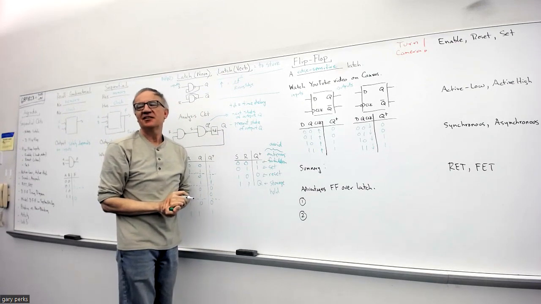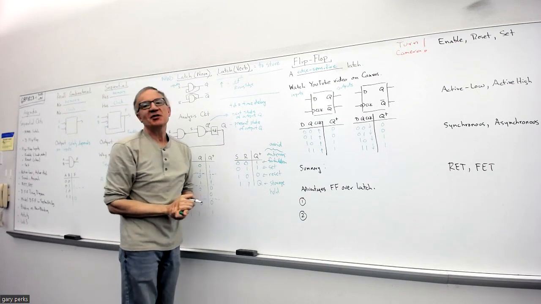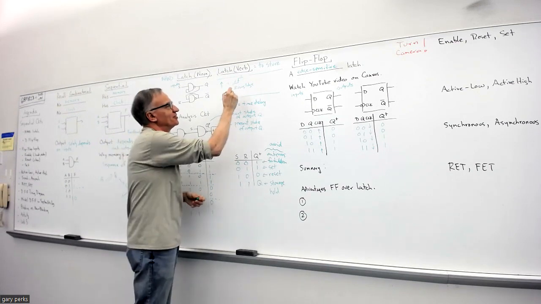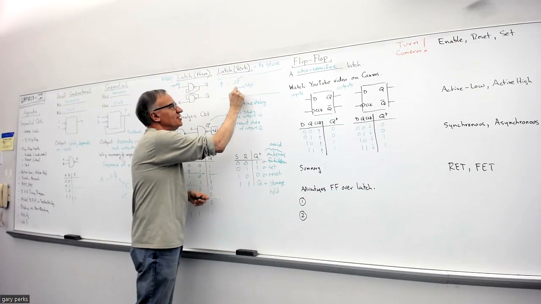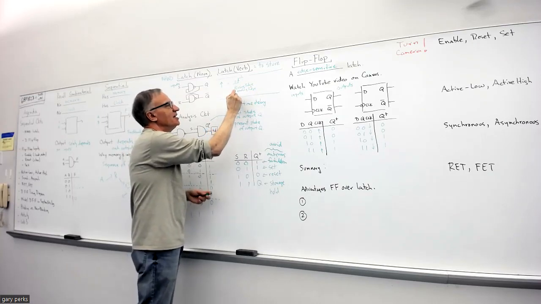Sometimes it's called a leading edge, and sometimes it's called positive edge. Maybe I should write those down too. These all mean the same thing. Unfortunately, there's more than one word to describe this. So sometimes it's called the rising edge, sometimes the leading edge, and sometimes the positive edge.